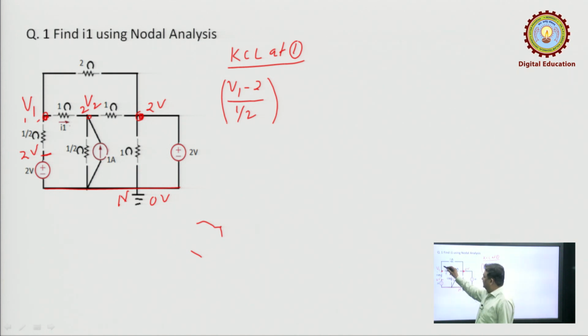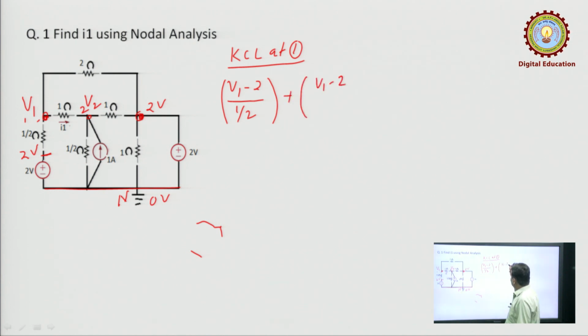Now consider the current in the second branch, the 2 ohm resistance. Here the voltage is V1, and here the voltage is 2 volt. So the difference of voltage is V1 minus 2 divided by 2. Again, V1 minus 2 is leaving the node, so it will be positive: plus V1 minus 2 divided by 2. What will be the current in this branch?